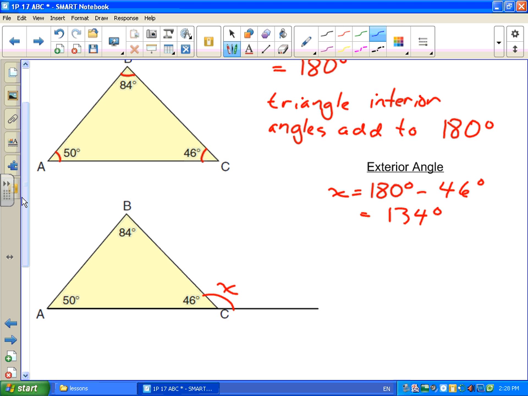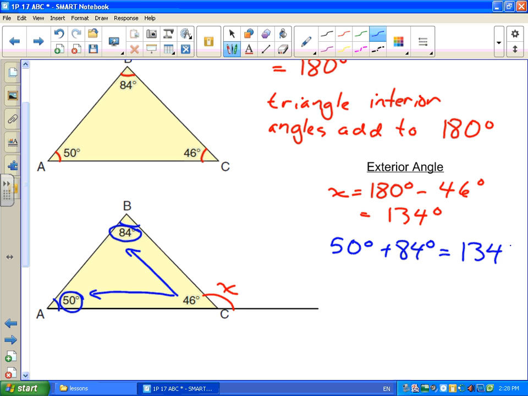If I start from this exterior angle and I go to the opposite side of the triangle, I have two interior angles over here, 50 degrees and 84 degrees. If I add them up, what do I get? 50 plus 84 gets me 134 degrees.